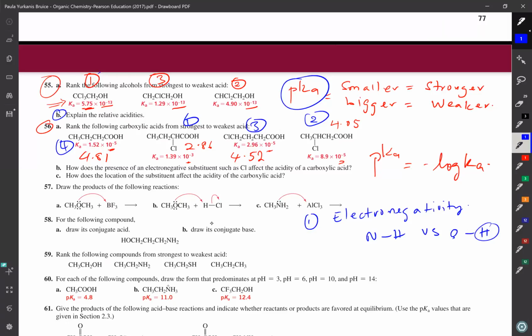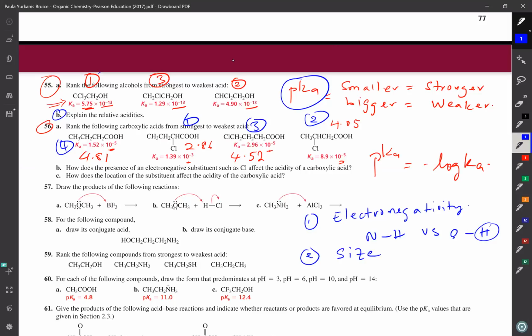Now, the second thing you need to take note of when you're doing a comparison is sometimes referred to as the size. The size becomes important when you are comparing atoms in the same group.